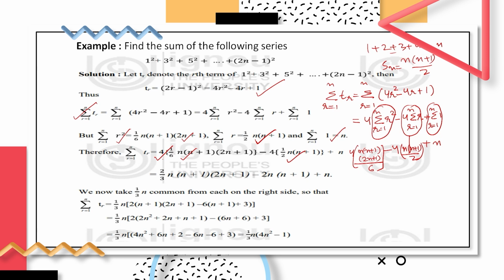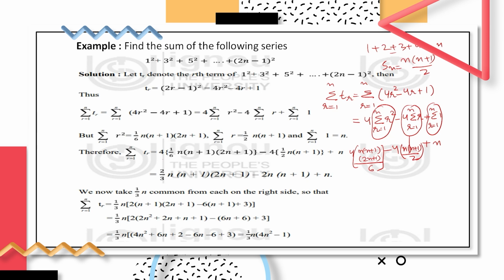Solving this expression, you will finally get 2 by 3 n into n plus 1 into 2n plus 1 minus 2n into n plus 1 plus n. Now, to further solve it, we can take 1 by 3 n as a common factor, and let's see how to further solve it.